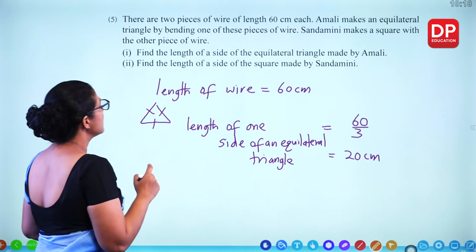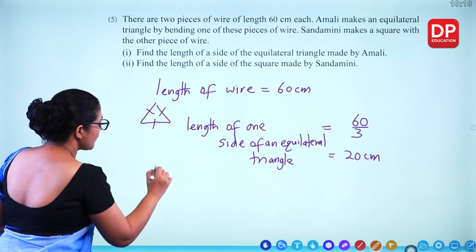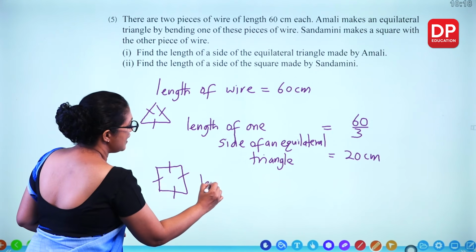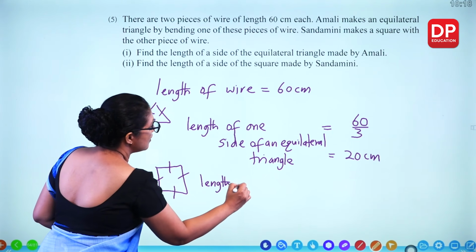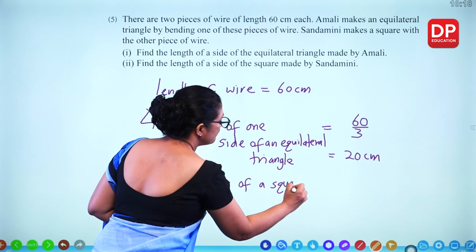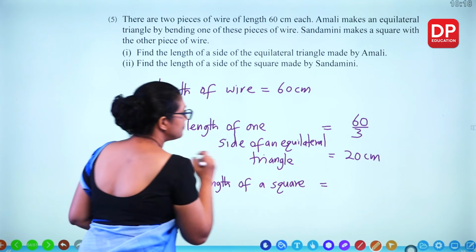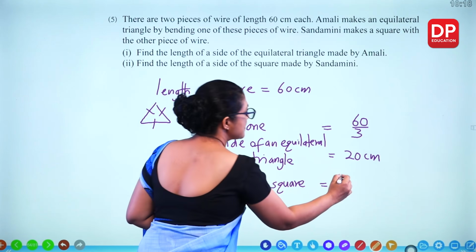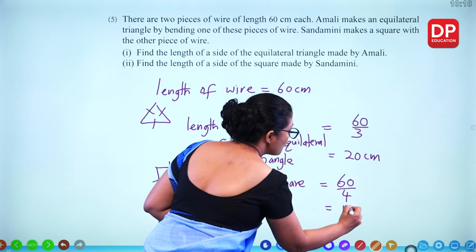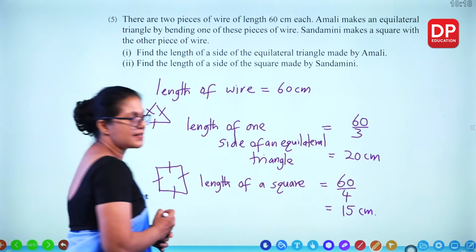Now we'll look at the square. A square has four equal sides. So what's the length of a side of the square? 60 divided by 4. So 15 centimeters.